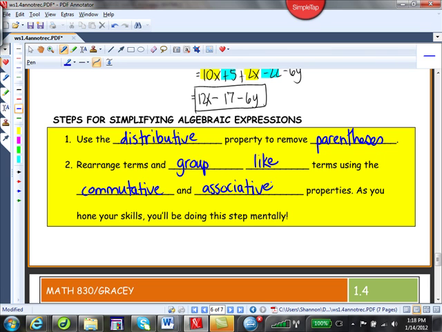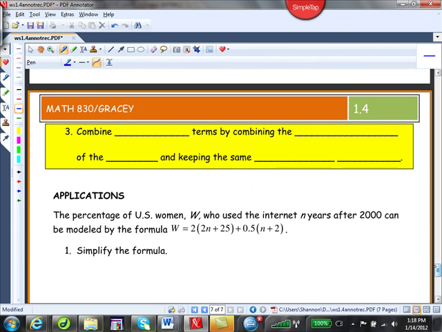And as you hone your skills, you're going to be doing this step mentally. All right? And then thirdly, we'll be combining. So you combine like terms by combining the coefficients of the terms and keeping the same variable factor, or factors. I'll just put a parenthesis S here.